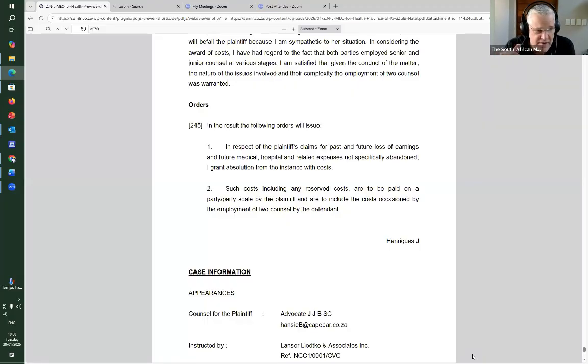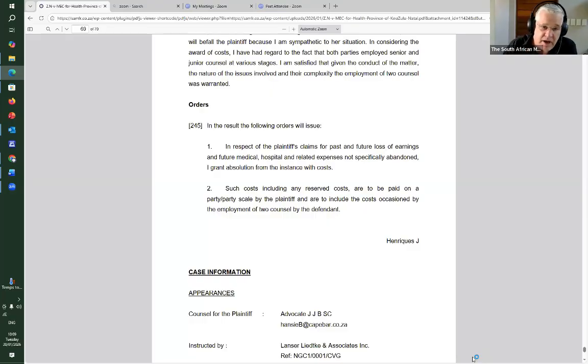In other words, the plaintiff's claim in respect of those particular heads of damages wasn't dismissed. In other words, they can come back with supplemented evidence, but for practical purposes, it's a hammer blow for the plaintiff, because they weren't successful, and she made an adverse costs order against the plaintiff.